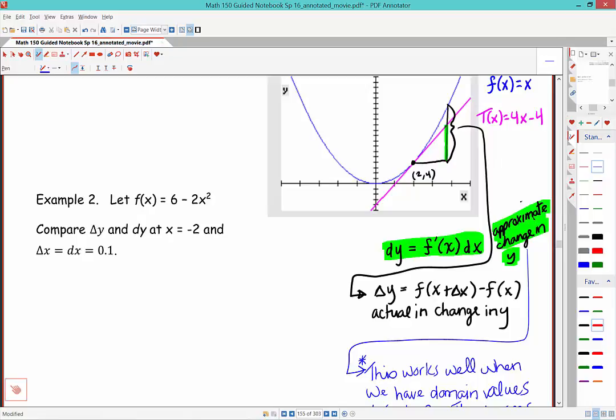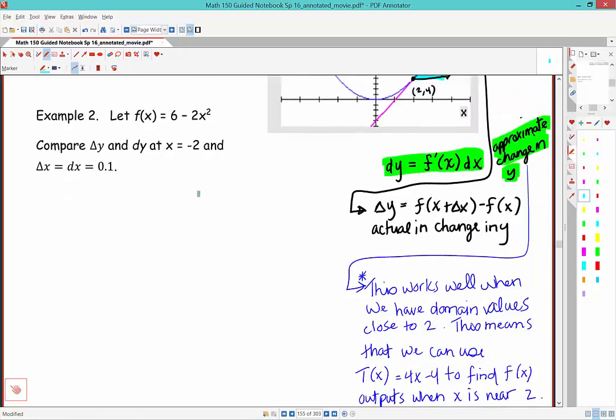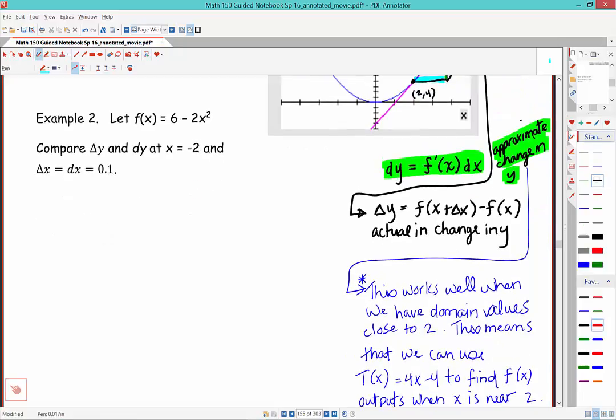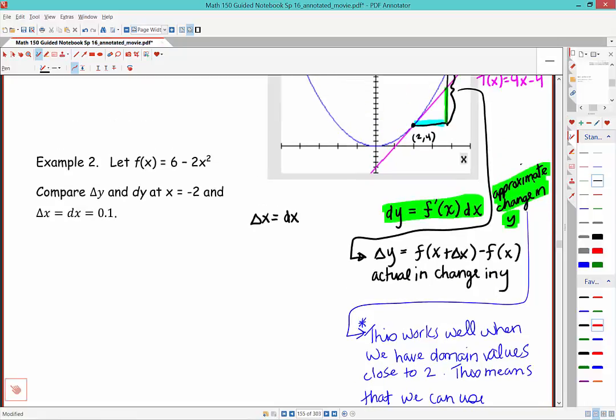If we take a look here, this bottom part is the change in x. So your actual change is delta x, and we let that be equal to dx. Good so far?